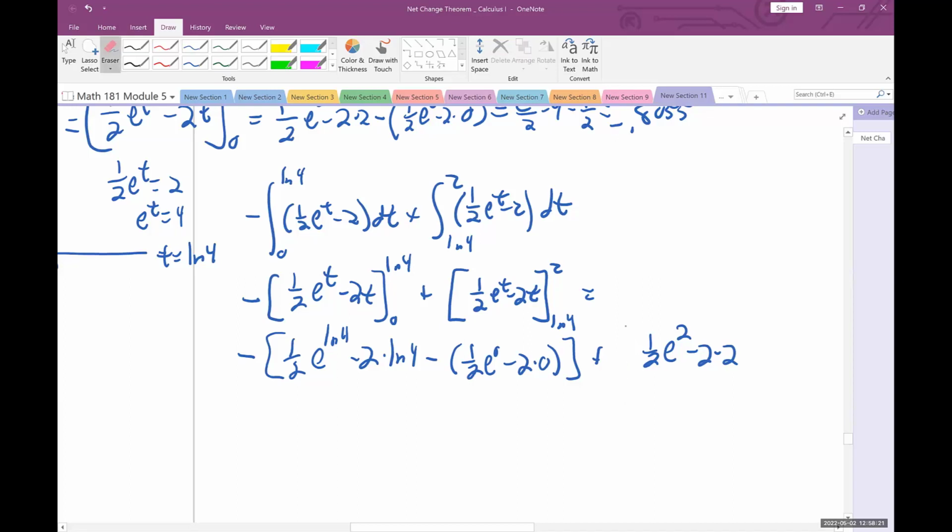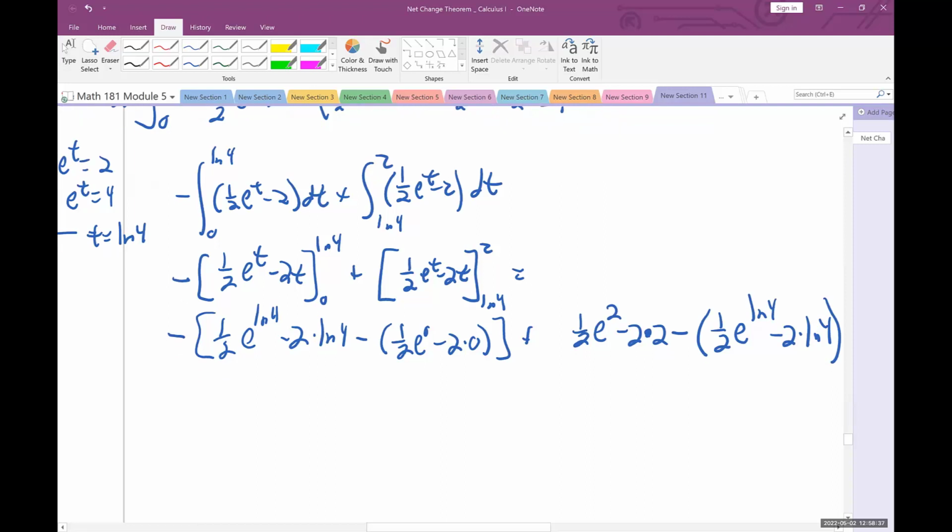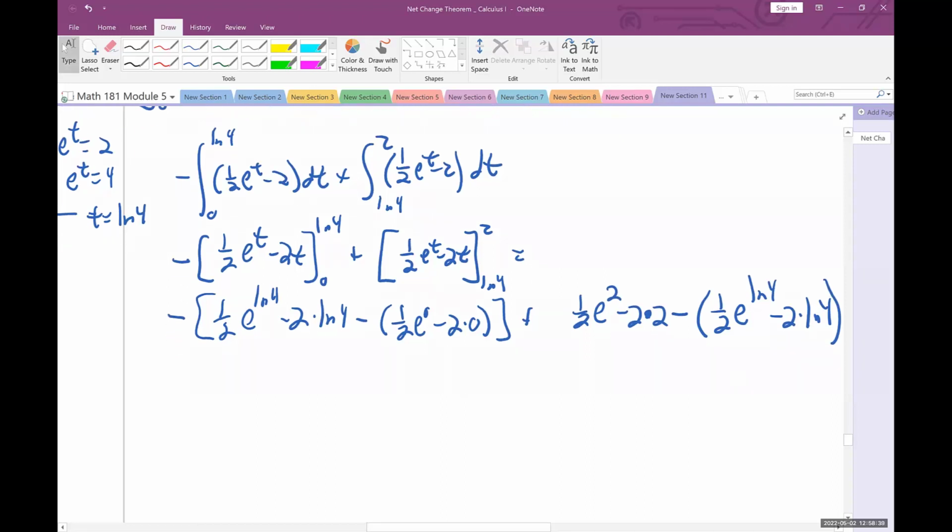Then minus 1/2 e to the natural log of 4 minus 2 times natural log of 4. Okay, this gets interesting. Who recalls their rules of exponentials and logarithms?